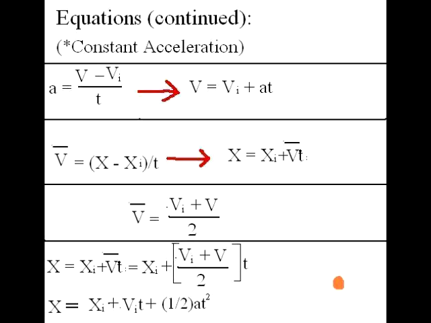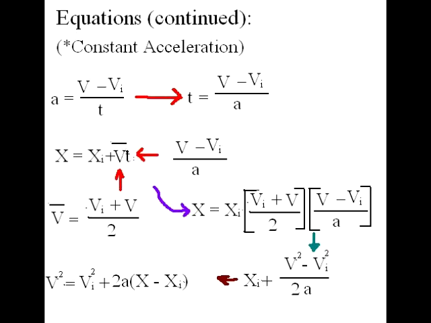That will give you an equation by solving through algebra, which you can do on your sheet of paper if you please. x final, the final displacement, is equal to x initial, the initial displacement, plus v initial, the initial velocity, times time, plus 1/2 acceleration times t squared.